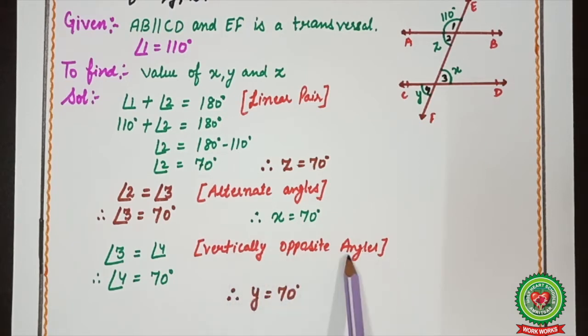This property you have to write on the right-hand side. Therefore angle 4 will also be equal to 70 degrees. Therefore Y is equal to 70 degrees, which is exactly what we needed to find. So X is equal to 70 degrees, Z is equal to 70 degrees and Y is equal to 70 degrees. So let's move to the next example.